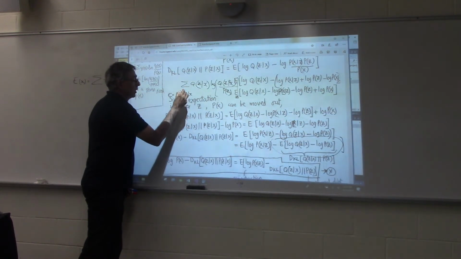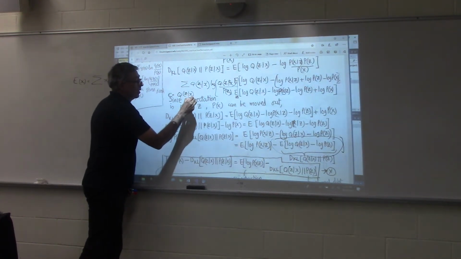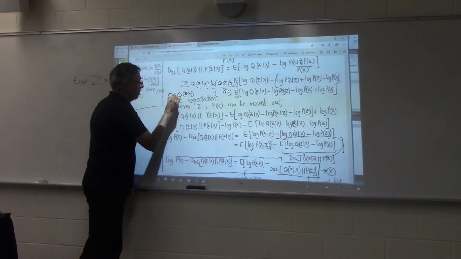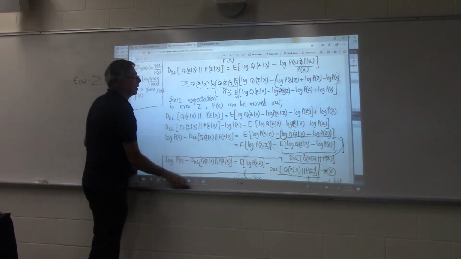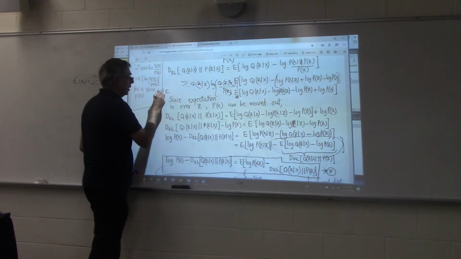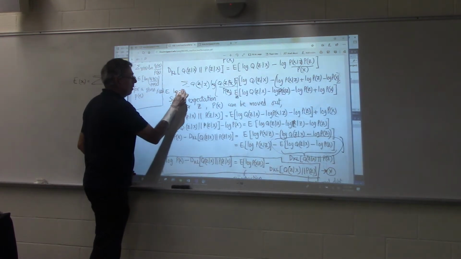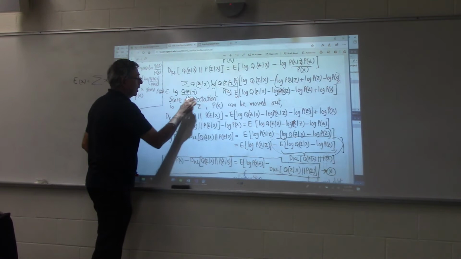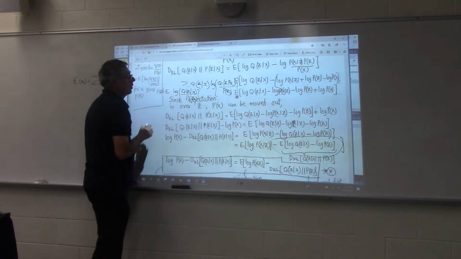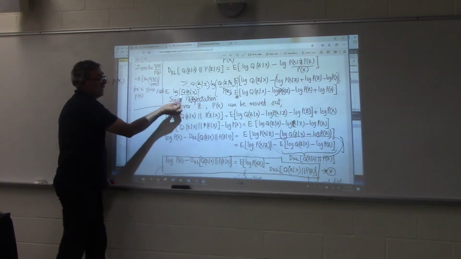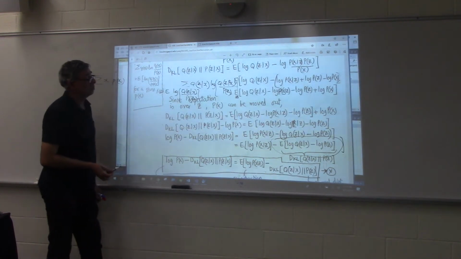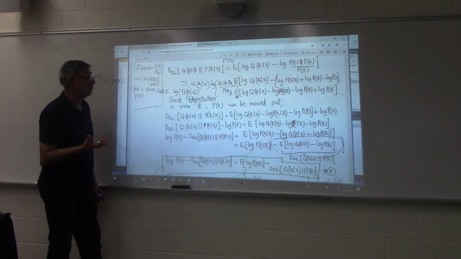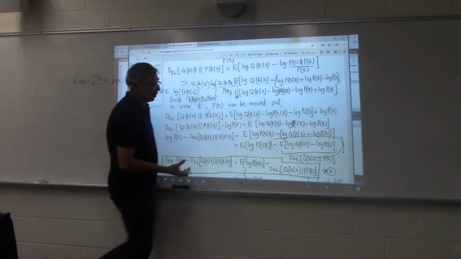Q of z given x, log of, so this is the expectation of log of Q of z given x over P of z, right? And if it's log of A divided by B, isn't it log A minus log B? And that's what we had over here.